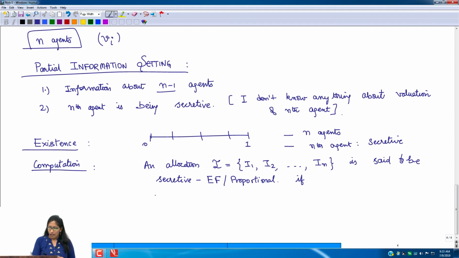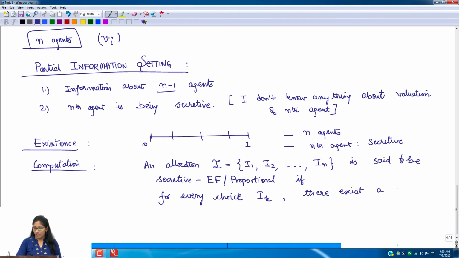If basically for every choice i_k, there exists a bijection, let's say π_k.